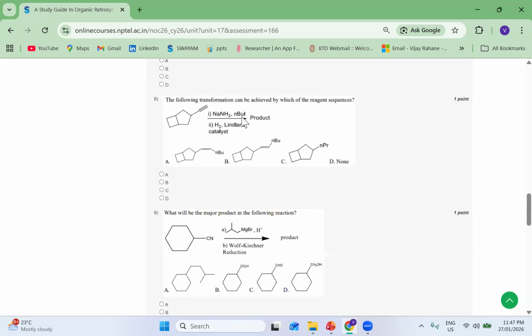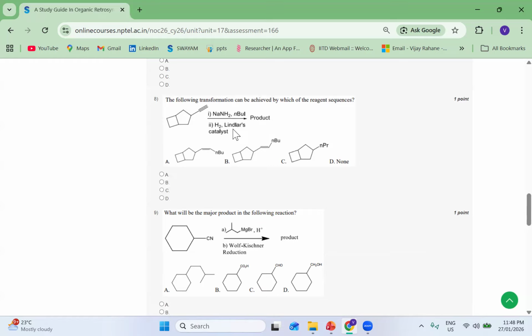So the alkyl chain will be attached on the terminal of this triple bond, and followed by Lindlar's catalyst gives selectively the cis reduction. So we get the compound in option A as a product.